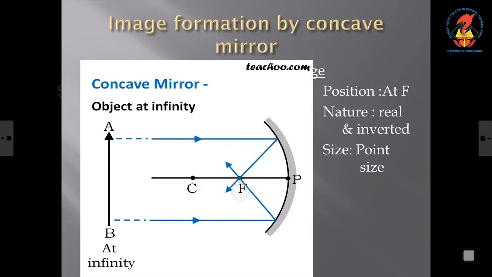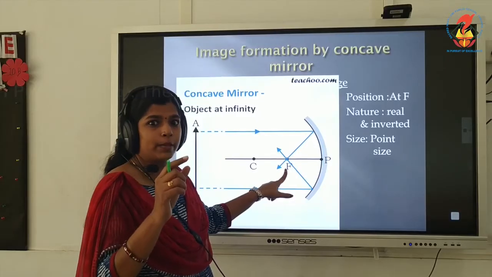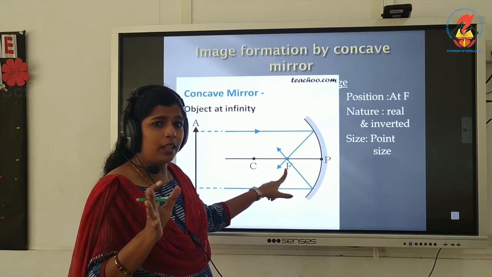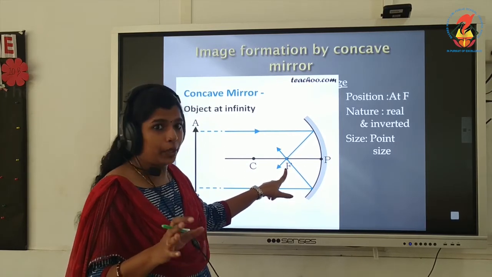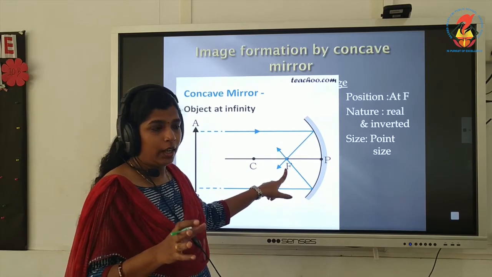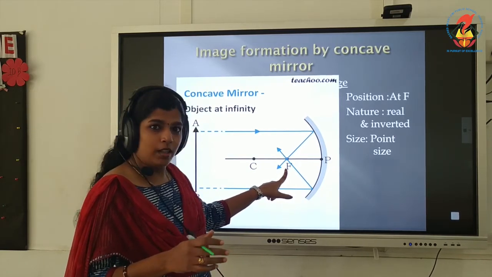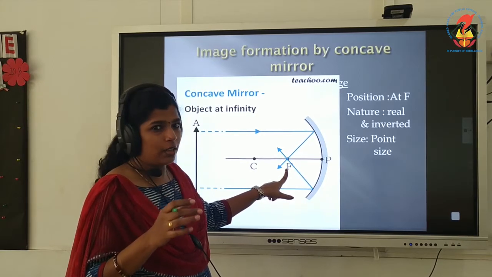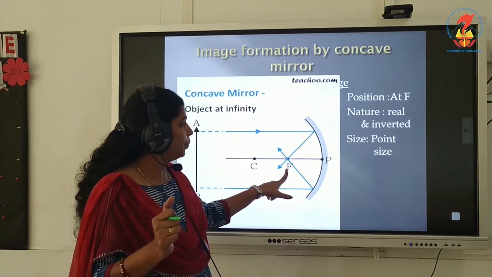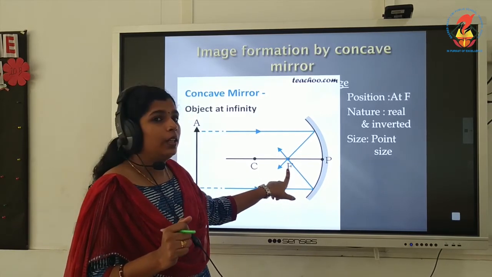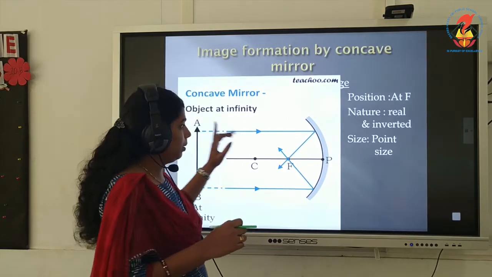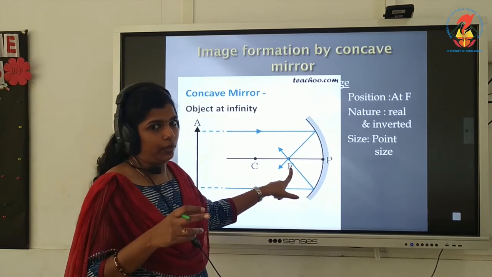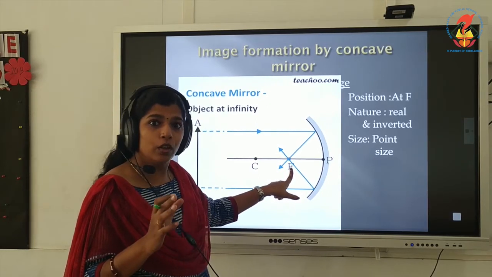Here you will get a bright small spot of the sun, exactly the image of the sun at this point. So if the object is at infinity, the image will be formed at F, the principal focus.